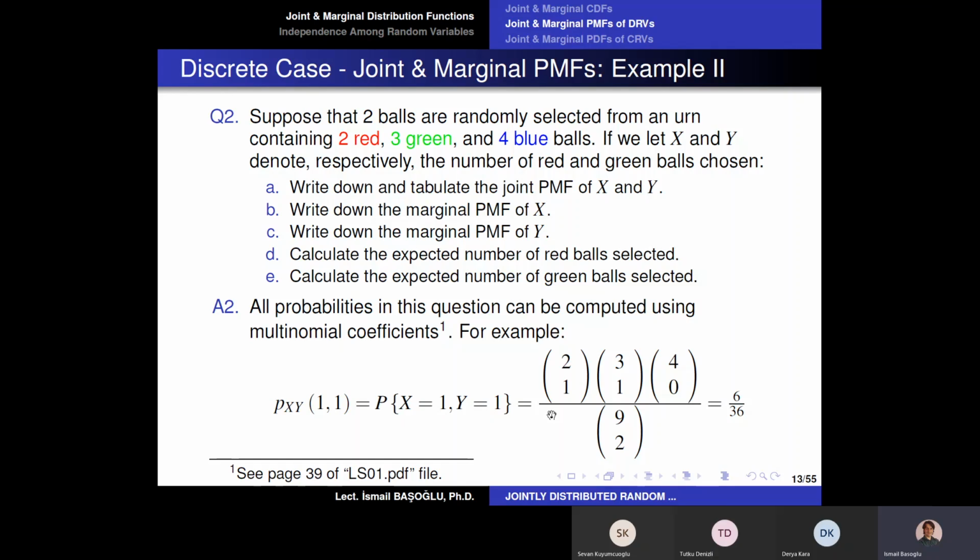Another case can be where we select one green ball and 0 red balls. In that case, this means we are selecting one green and one blue ball. And in the numerator, we write 2 choose 0, 3 choose 1, and 4 choose 1, and so forth. So these are the possible cases.